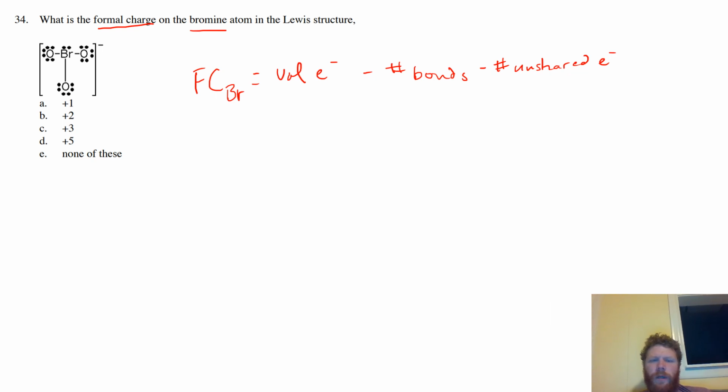Okay, so bromine in group number 7 is going to bring in 7 valence electrons. It's got 3 bonds, 1, 2, 3 bonds. Unshared electrons, it's got 2 unshared electrons. So 7 minus 3 minus 2 is 7 minus 5, basically, so that's 2. And this is a positive number, so plus 2, so our answer there is B.